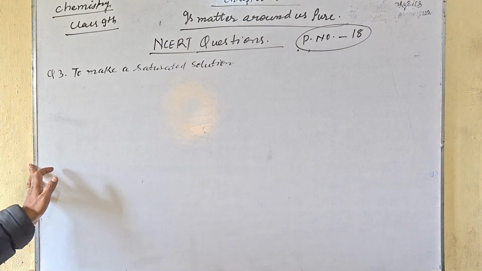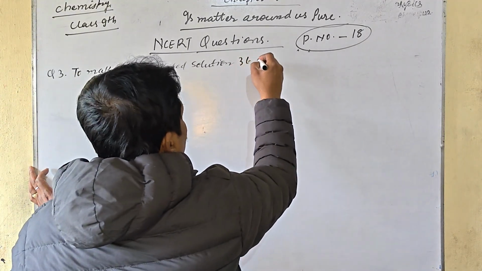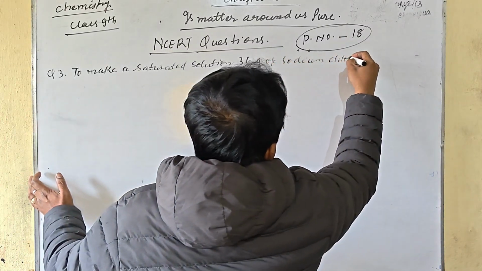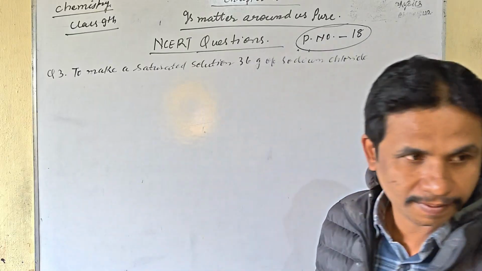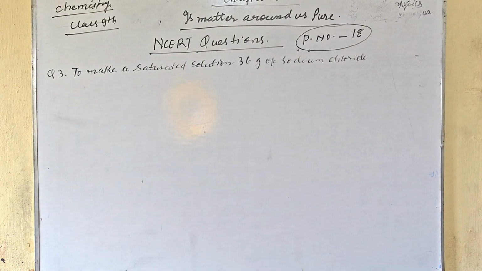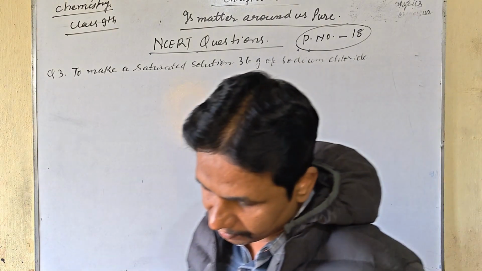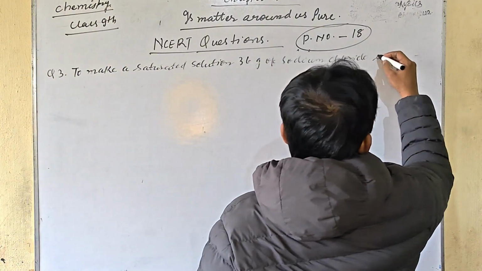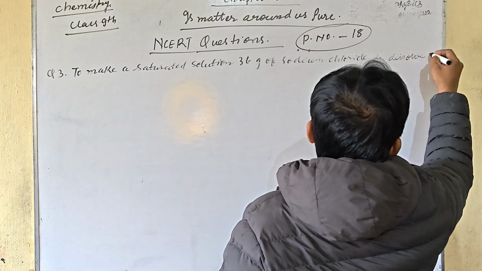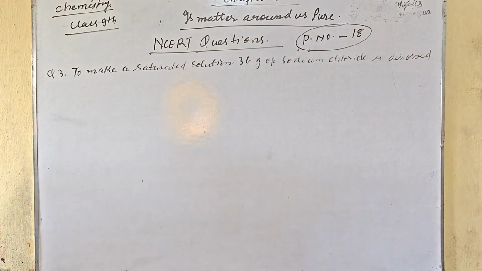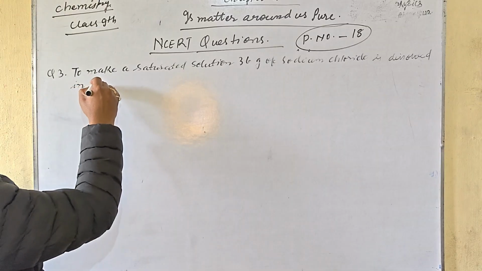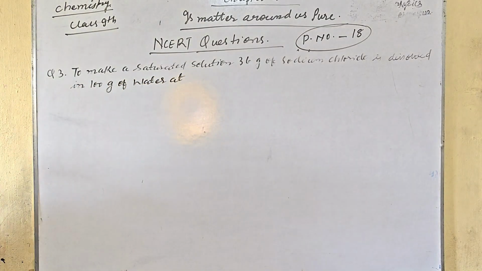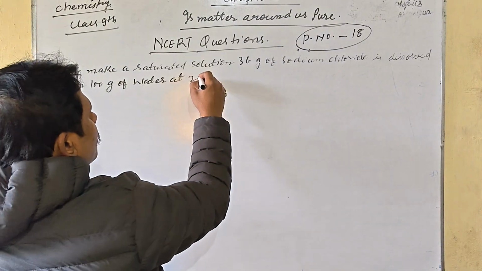Class 10th students, also important. 36 gram of sodium chloride dissolves in 100 gram of water at 293 Kelvin.